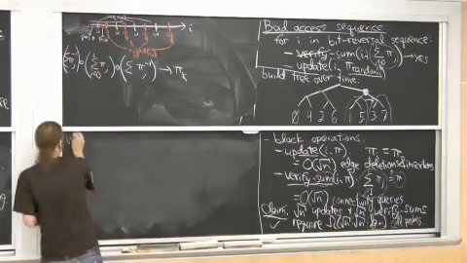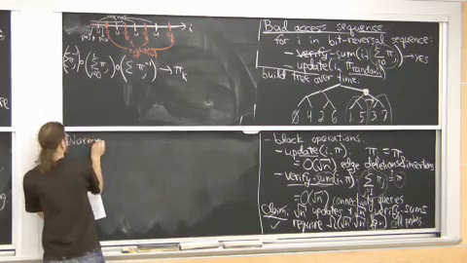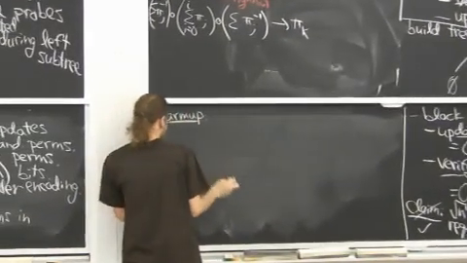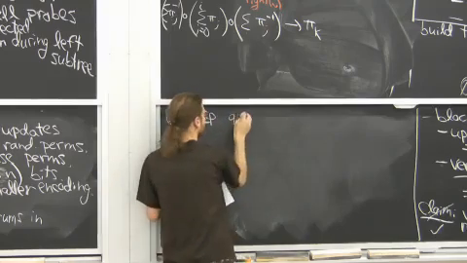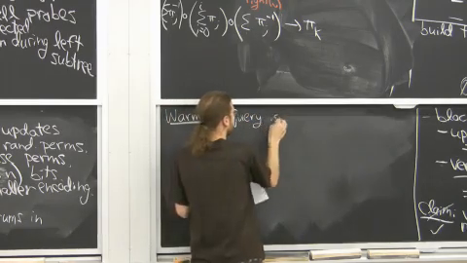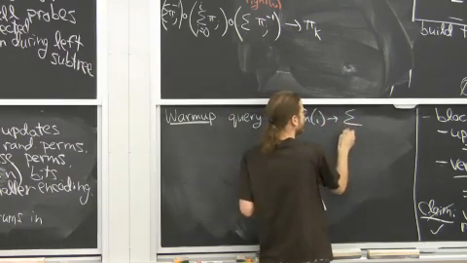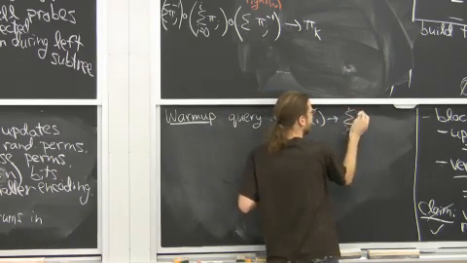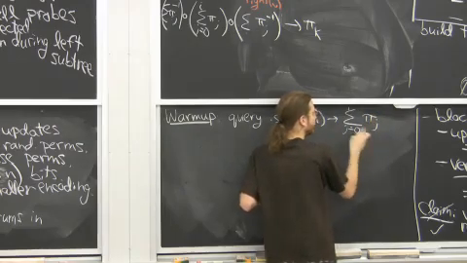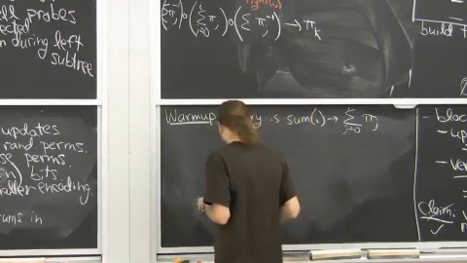So I'll call this a warm-up. Suppose the query is sum of i, which is supposed to give you this prefix sum of pi j's. Again, sum means composition.